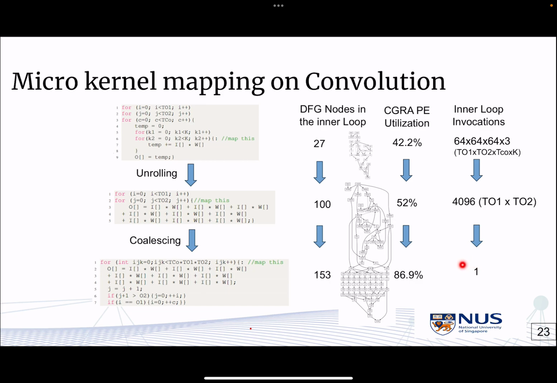Most importantly, the number of inner loop invocations is significantly reduced by coalescing, because the convolution kernel has 5 loop levels. By removing all those 5 loops and creating one loop, we reduce the inner loop invocations significantly.